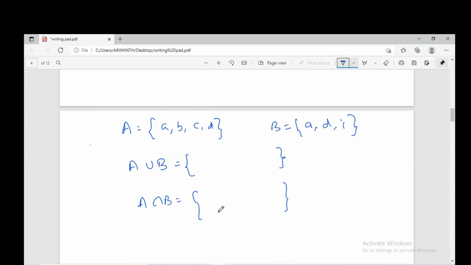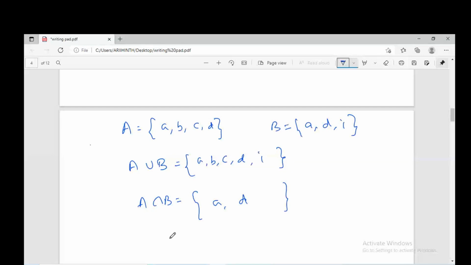A and D. A, comma, D. Then A union B means A, B, C, D, I.